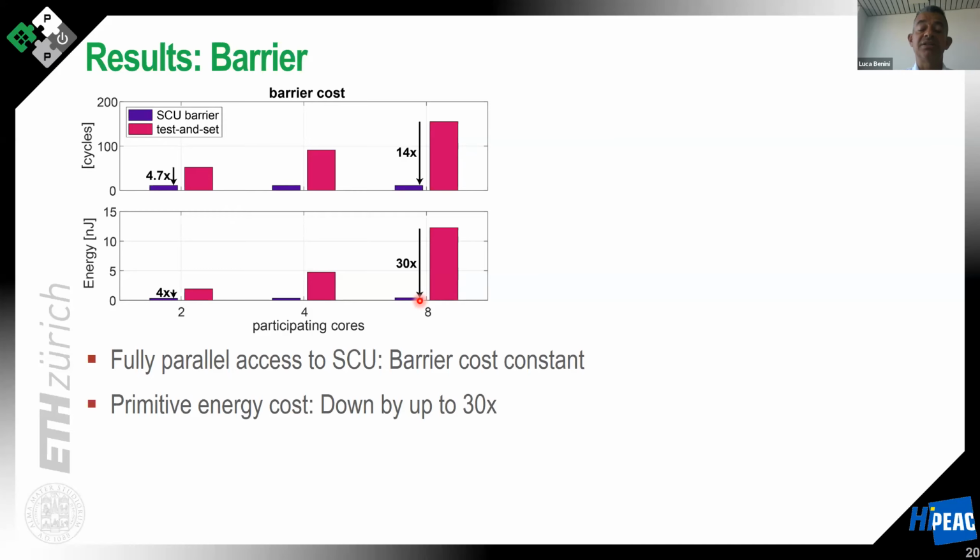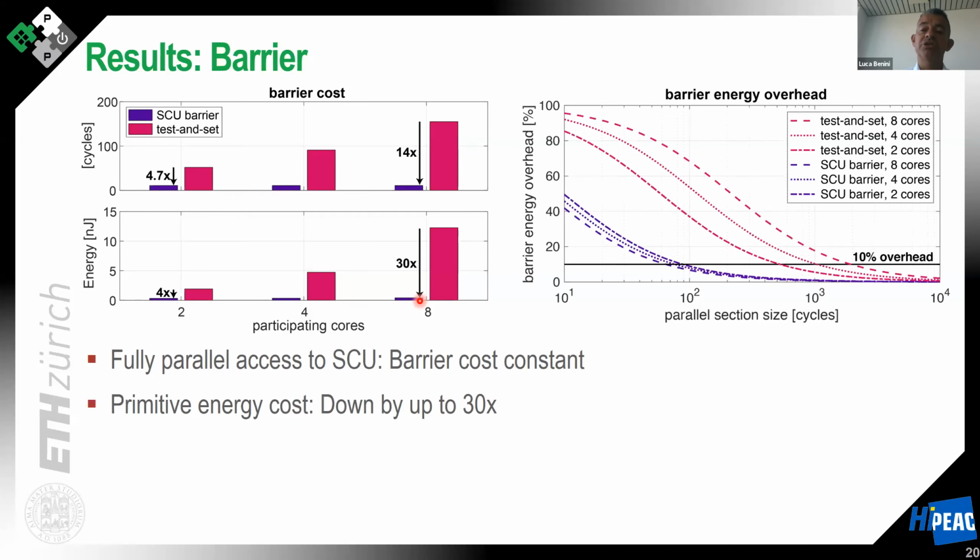Does that matter? Well, at the application level, it actually matters a lot. This plot shows what happens in terms of parallel section size, so the amount of work that a core will have to do before synchronizing.